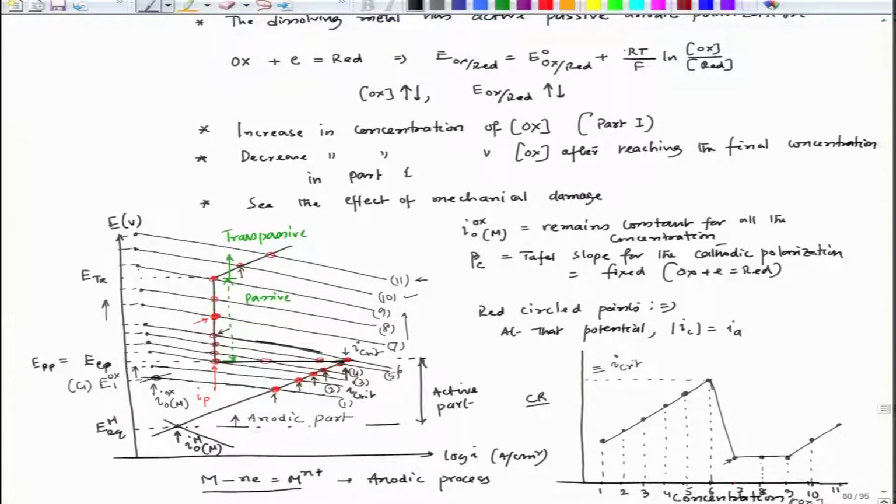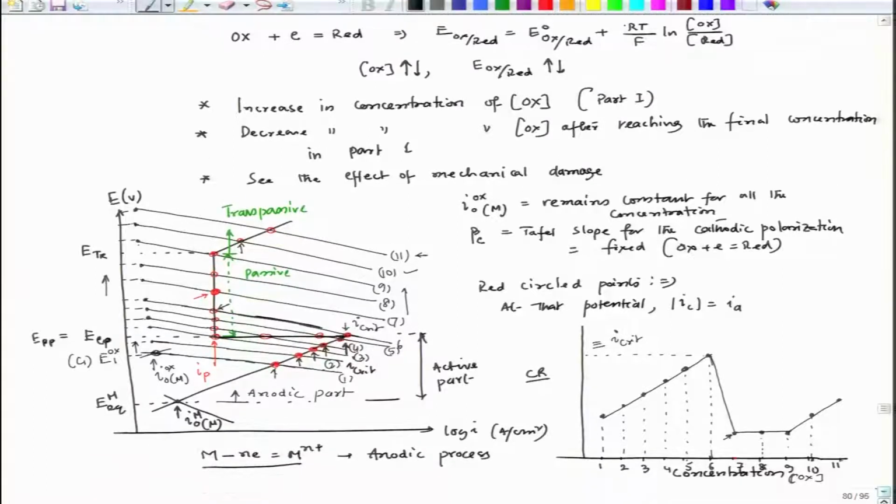Now, once we do this, if we decrease the concentration from 11 till 1, what will be the situation? If I go from 11 to 1, let us say I draw it with a different color, a blue color.